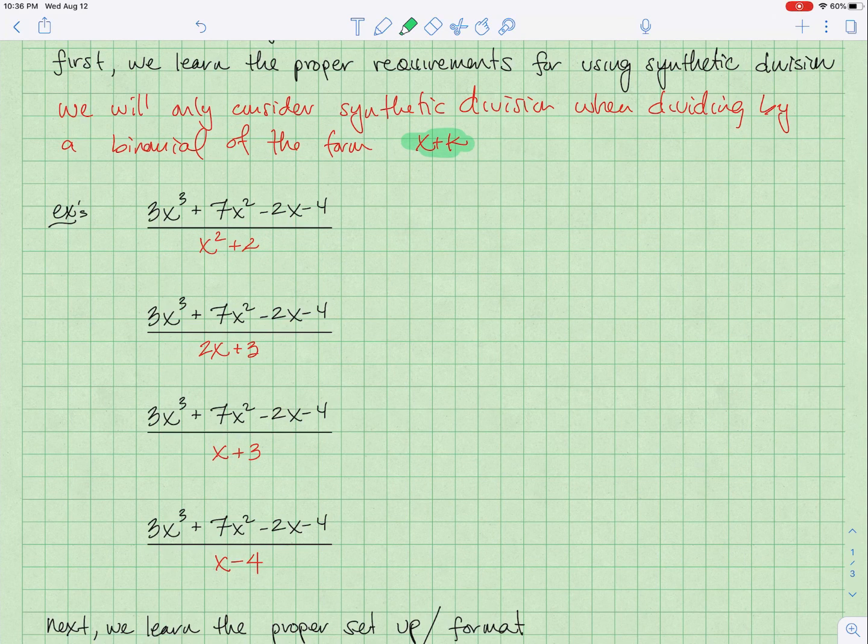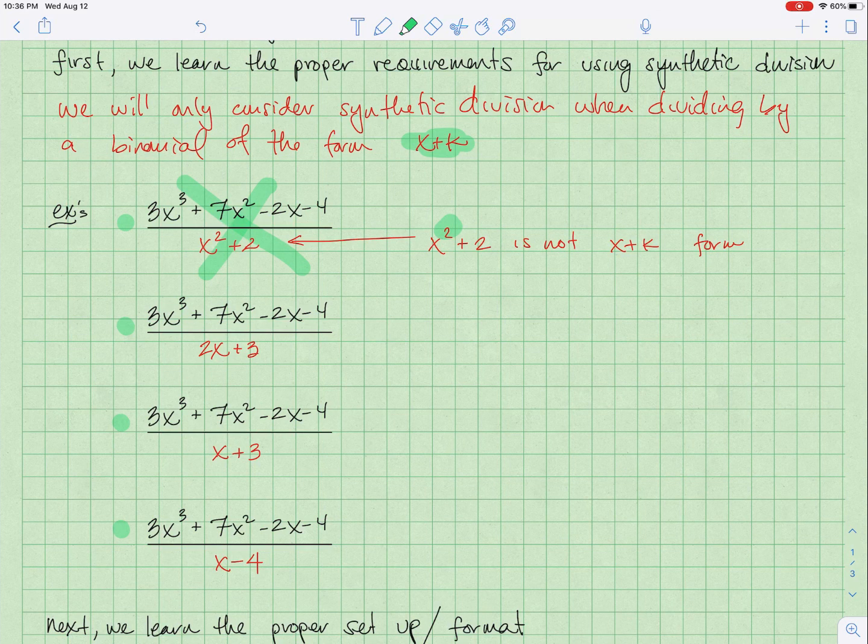In each case, the numerator is exactly the same. 1, 2, 3, 4 different problems here that is basically division. But in this particular case, we cannot use synthetic division. The reason is this denominator, x squared plus 2, is not x plus k form, because it's got this power of 2.